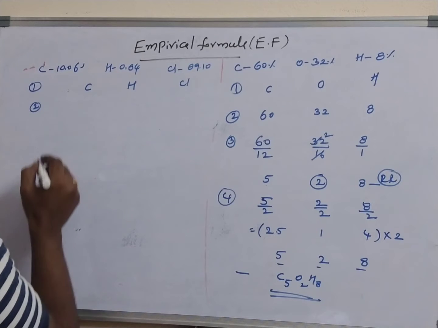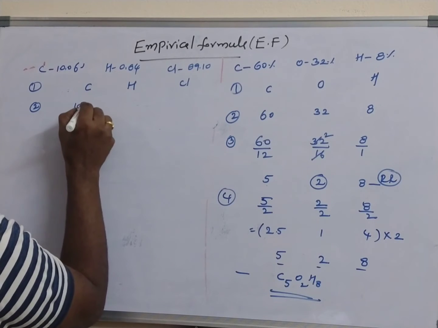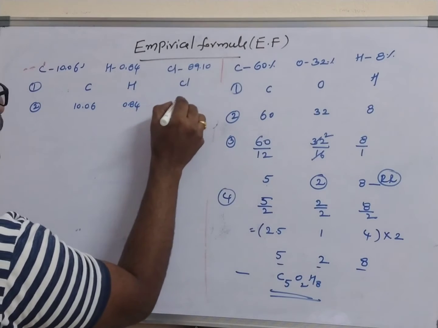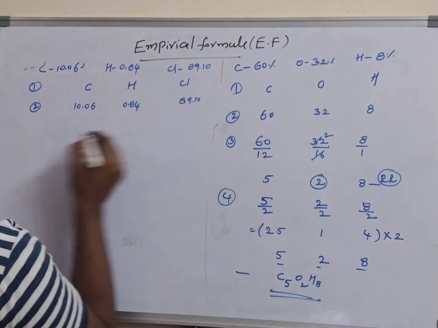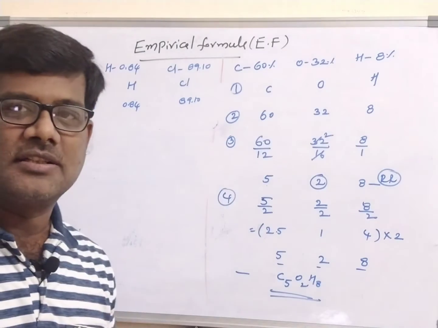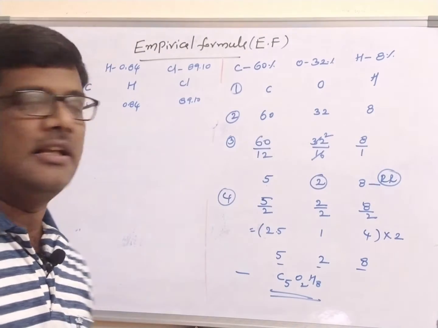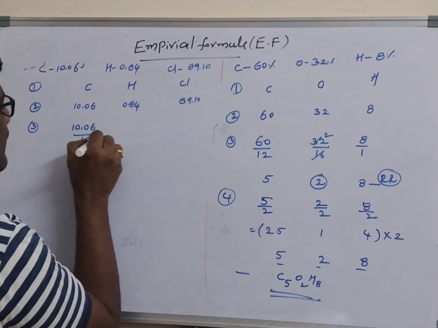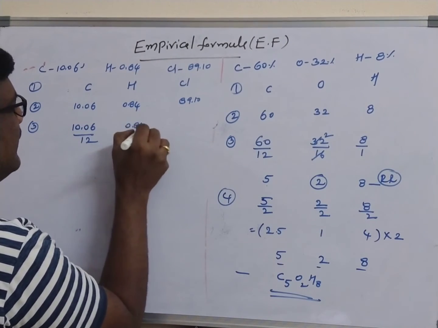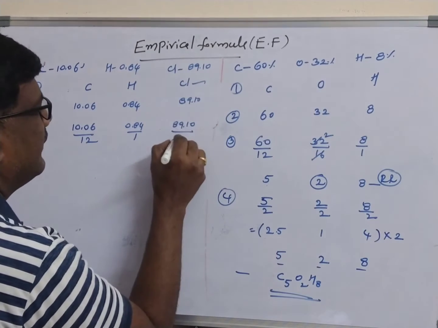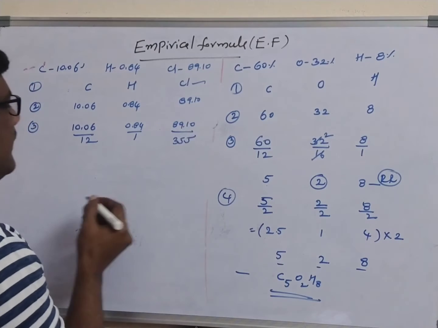Second step, take the percentage composition of each element: 10.06, 0.84, 89.10. Number 3, divide the percentage composition with its atomic weight. Immediately you will get the relative ratio. So here 10.06 by 12, 0.84 divided by 1, 89.10 divided by chlorine atomic weight, which we already know is 35.5.